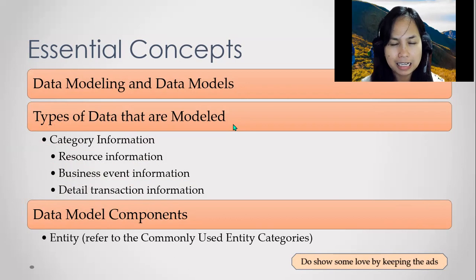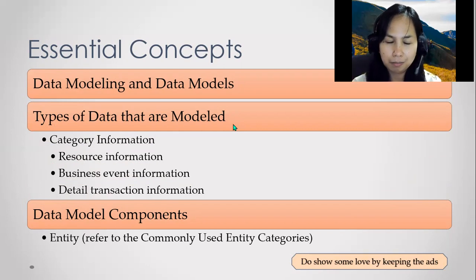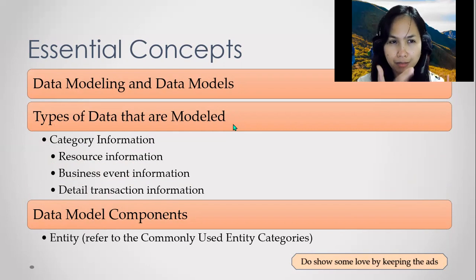The model is a form of documentation for data requirements and the data definitions resulting from the modeling process. So data models are the main medium used to communicate data requirements from business to IT, and within IT, from analysts, modelers, architects to database designers and developers.